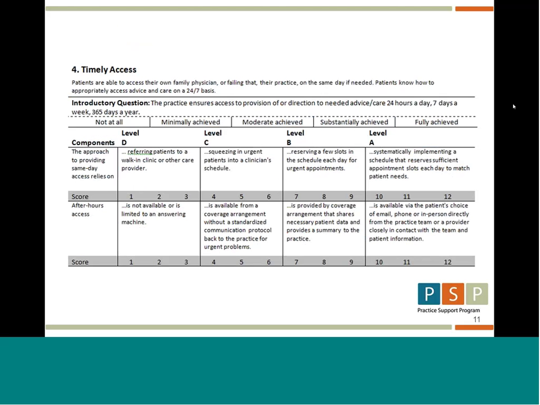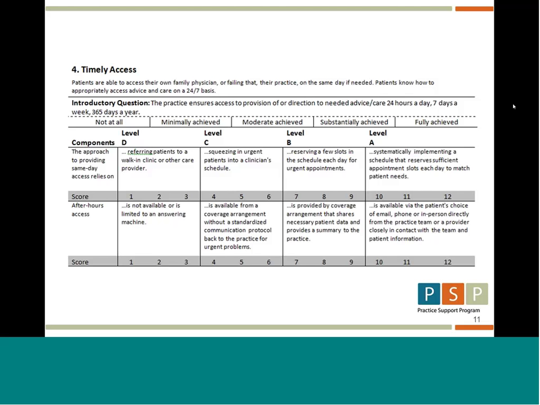On the next slide, these are the three questions that make up the whole timely access piece of the questionnaire, so you can see how it flows. The introductory question is put up front, and the idea is that considering it will help the physician familiarize themselves with the concept.